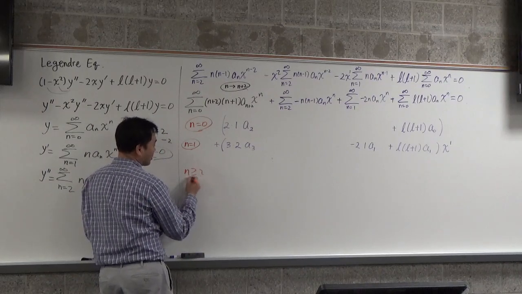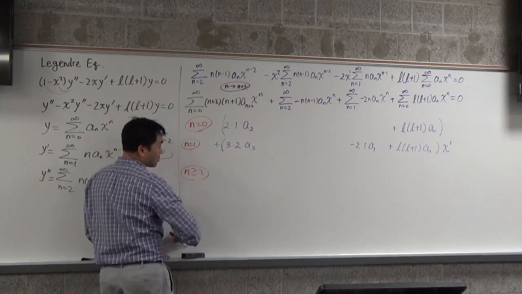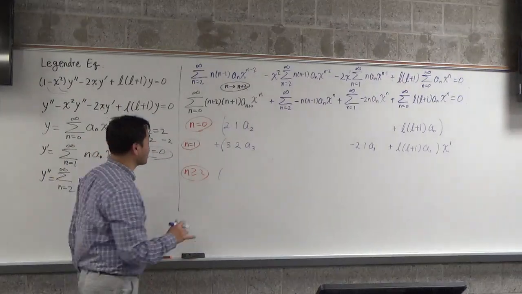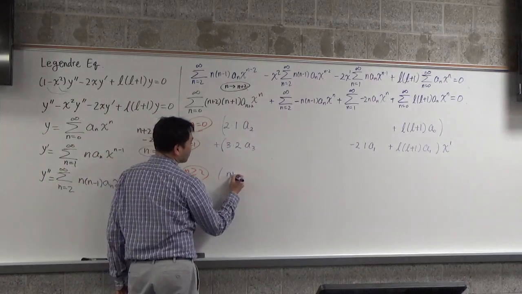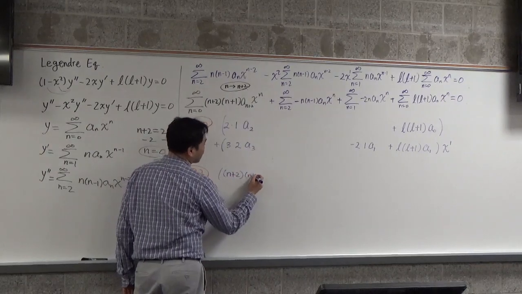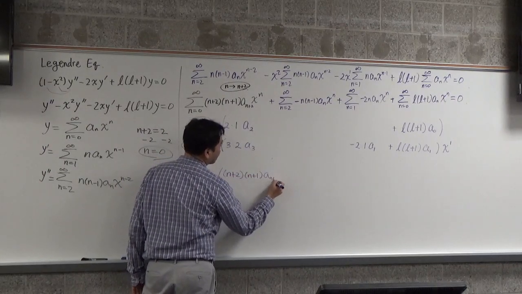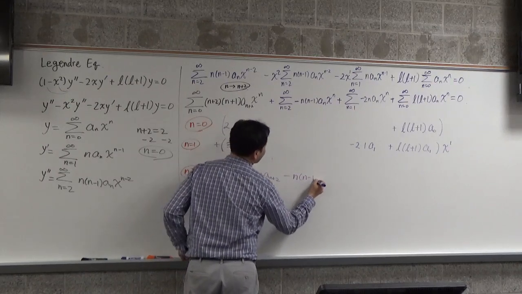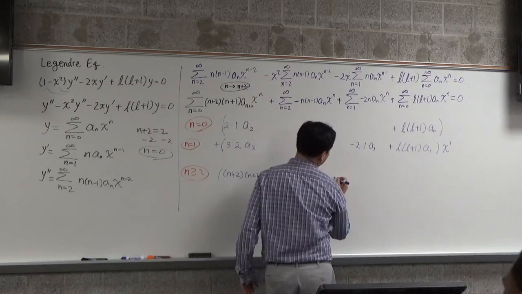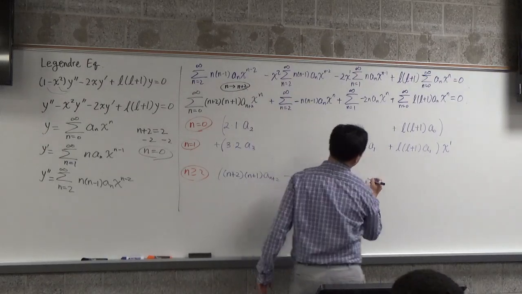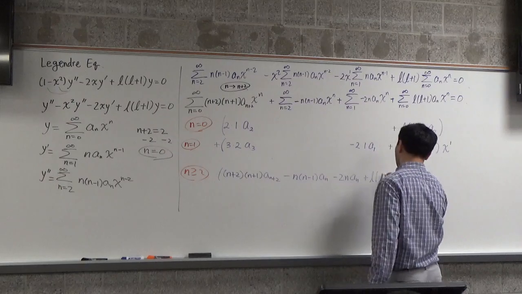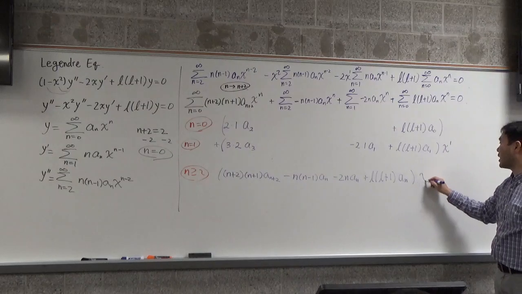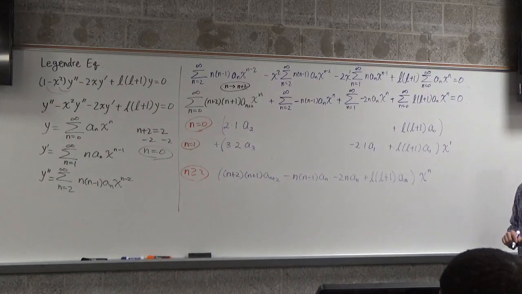When n is 2 or afterwards, you're going to get terms from every factory. All the factories are working now. And you're going to get n plus 2, n plus 1, a n plus 2, minus n minus 1, a n, minus 2n a n, plus l times l plus 1, a n, and all of these will have x to the nth power as its sum.